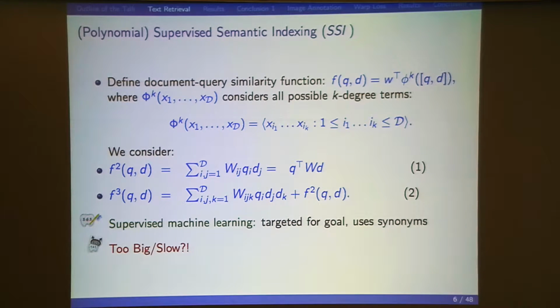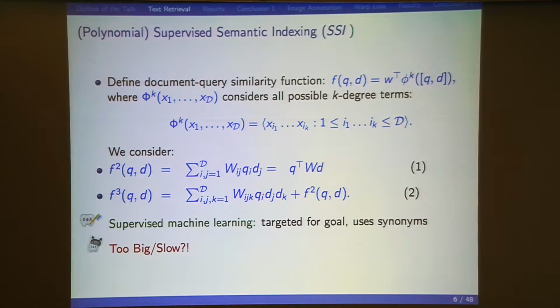So if we only consider k equals 2, then we just get something like this, where we're going to have a W matrix between every word qi in the query and word dj in the document. So you consider all the pairs and you have a weight wij for each pair.